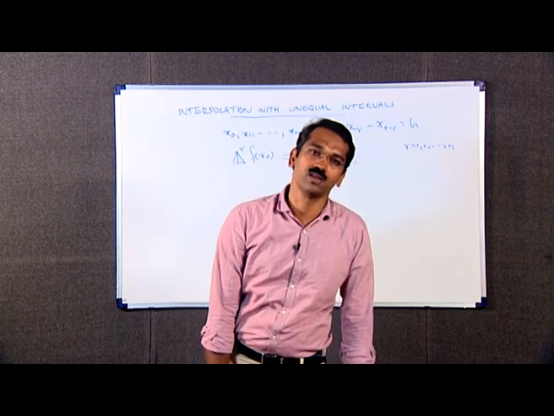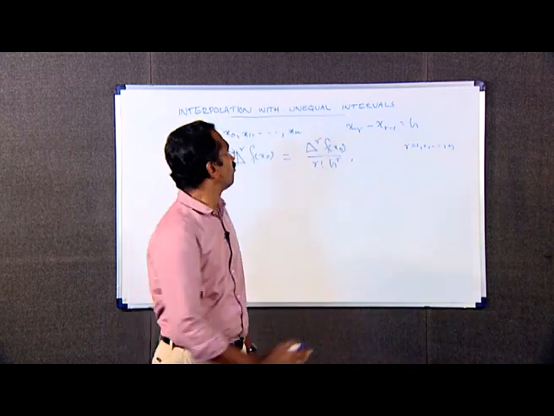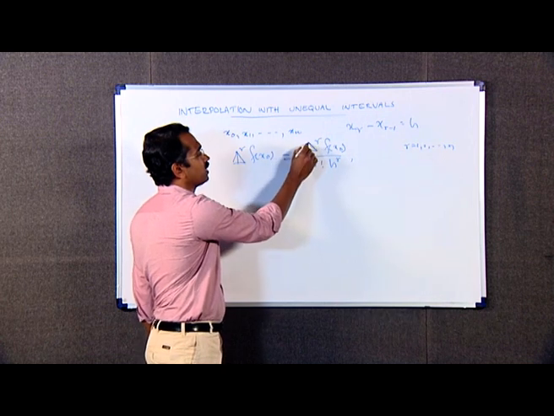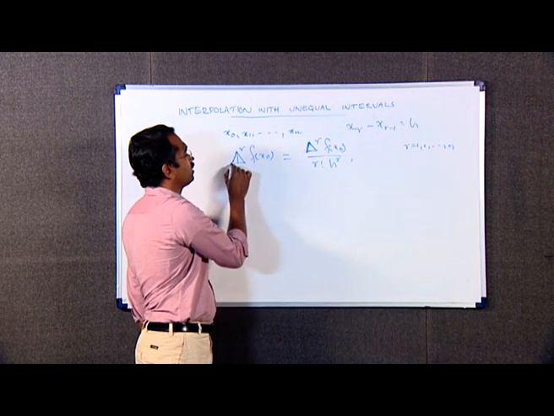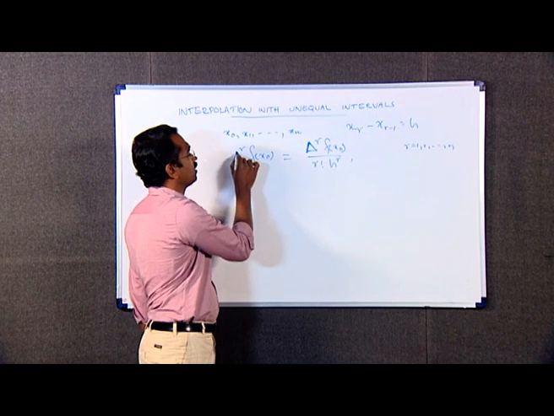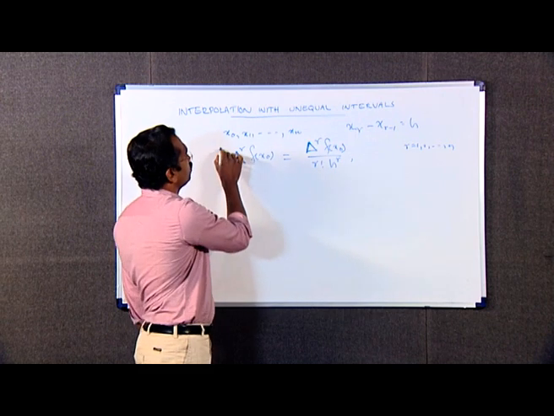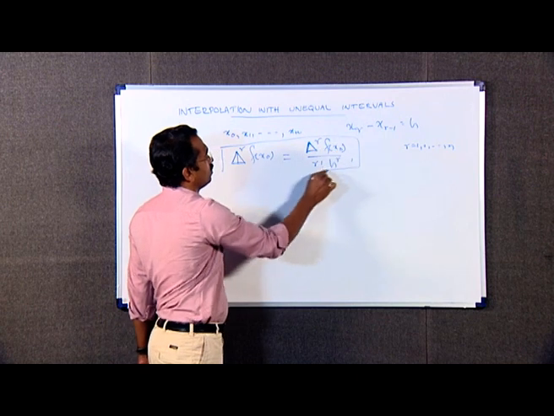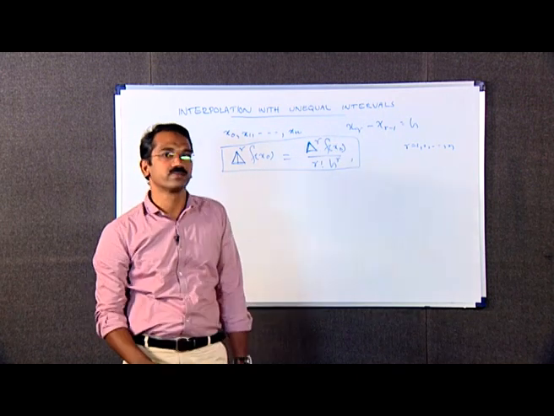This is the relation connecting the forward difference operator delta and the divided difference operator divided delta. We have to show this relation.